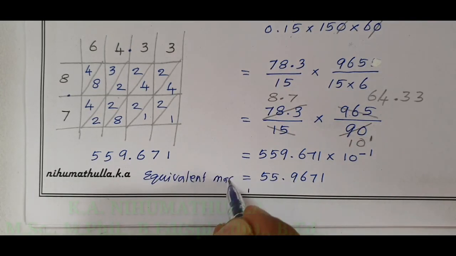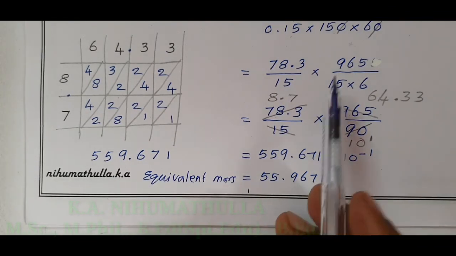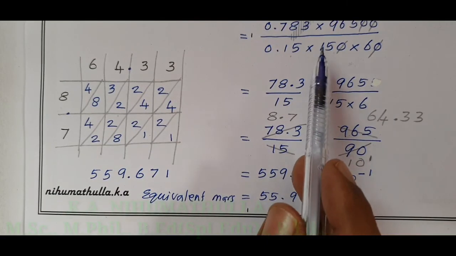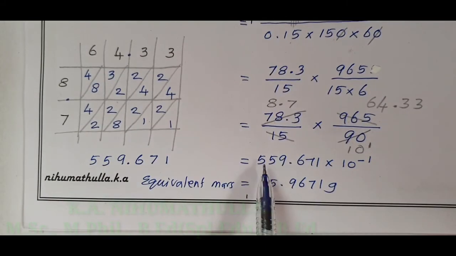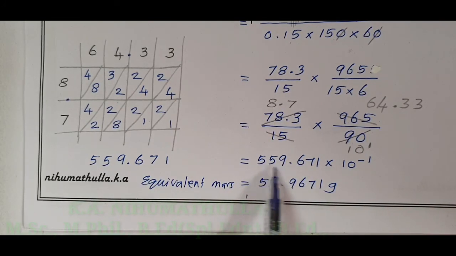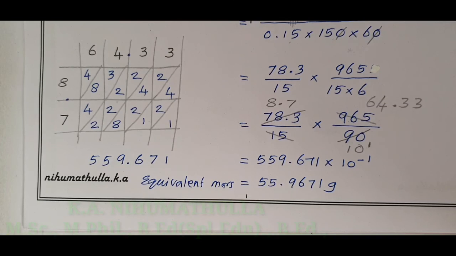But in our book, the time is given as 15 minutes. If you use 15, you will get 559.671 gram, but that is a very high value. Therefore, 150 minutes is taken. 55.96 is the equivalent mass of the metal.